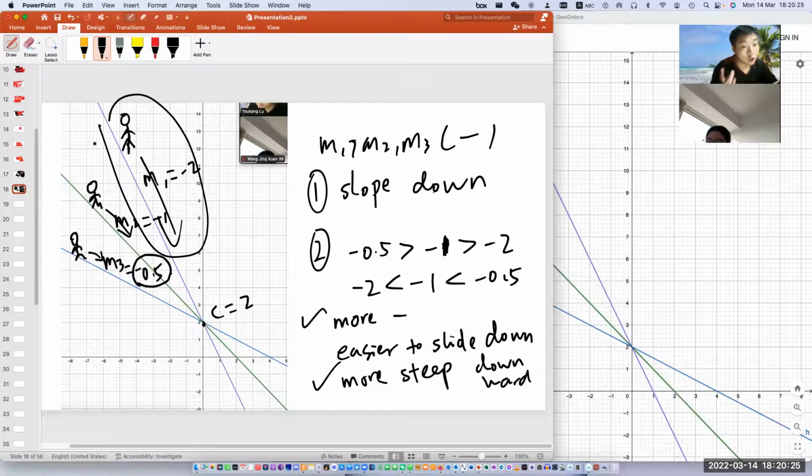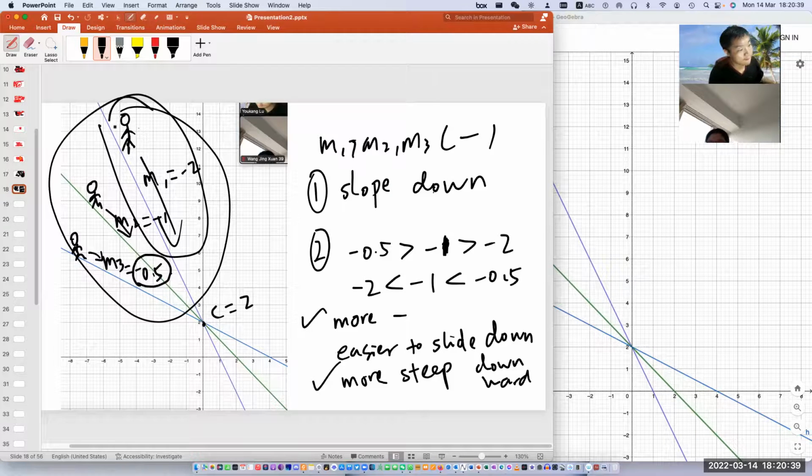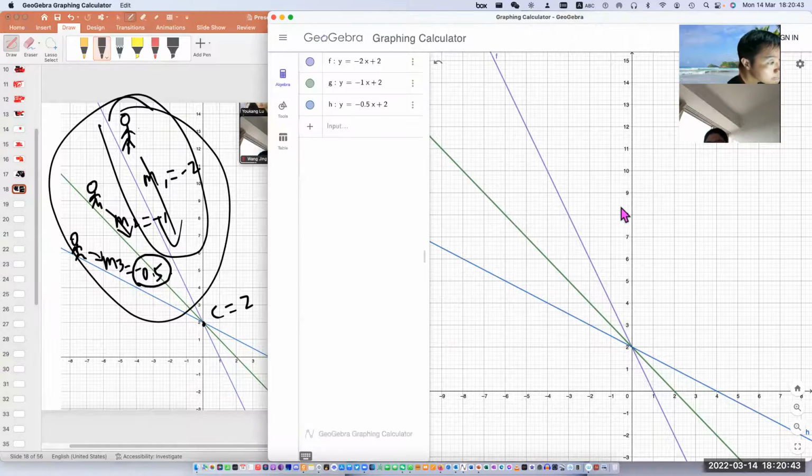Okay, it's very intuitive. Intuitive means instinct, right? It's easy to grasp. Does it make sense? Does it make sense or not?